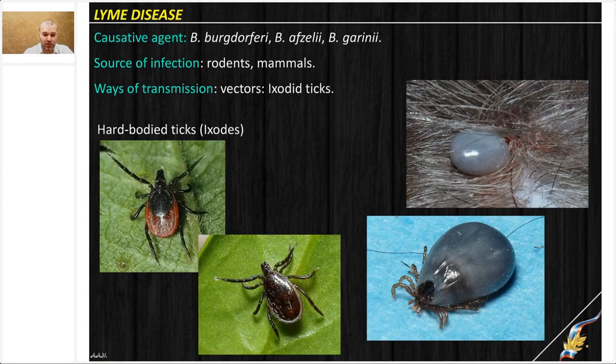So after extraction, or when the tick sucks enough blood, it will fall down and will look like that bug on the bluish background. It is an extracted tick with a huge enlarged body, but still you can see that small brown head with eyes and some organelles in the front of the tick.